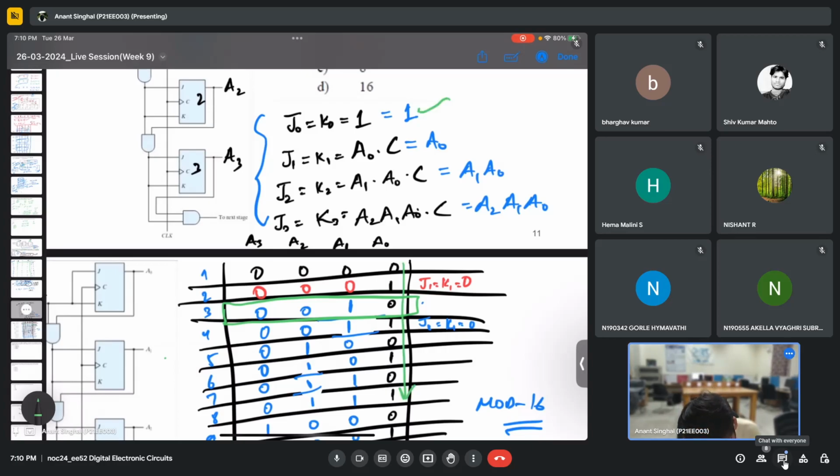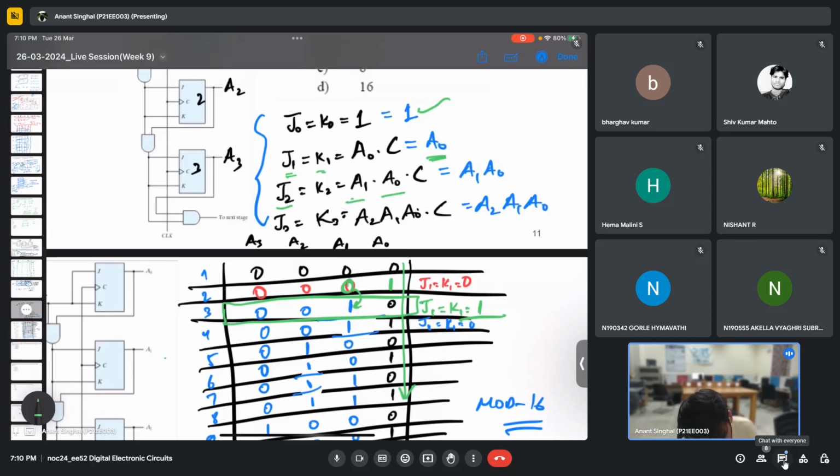For A1, we need to find J1 and K1. So J1 and K1 will be A naught only, which is 0. So it will hold the state whatever it was. Sorry, A naught was 1 in the previous state. So sorry, it will be 1. So it will toggle. So this 0 will become 1. Similarly, for J2, I need to find out A1 A naught.